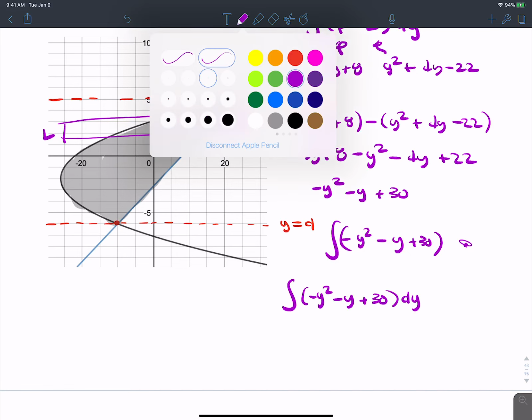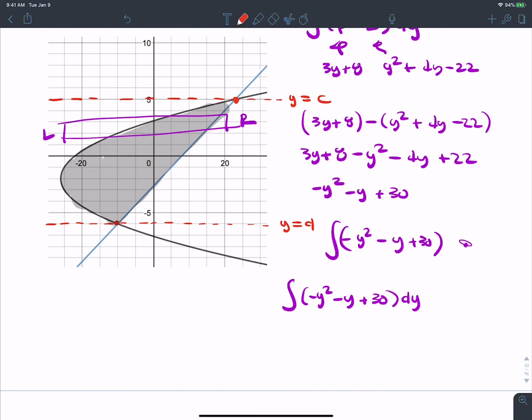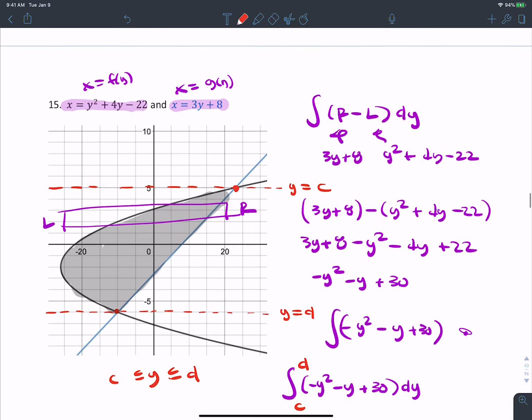We just need our limits. Lower limit would be d, upper limit is c. We need that value c less than or equal to y, less than or equal to d. And I think I have it backwards. Sure do. C to d.